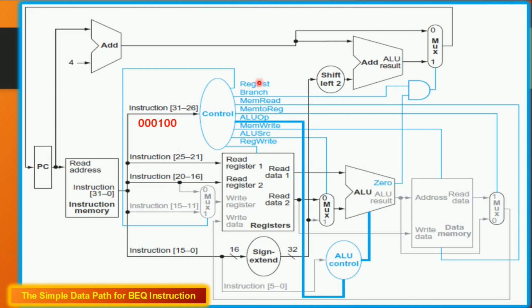So my reg destination signal will be deasserted so that RT won't be chosen as destination register. Since it is a branching instruction, the branch signal will be asserted. I am not going to read any data from memory, nor load any data from the memory. So mem read as well as mem2reg will be deasserted.